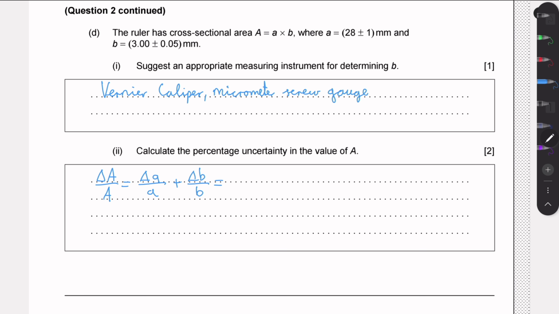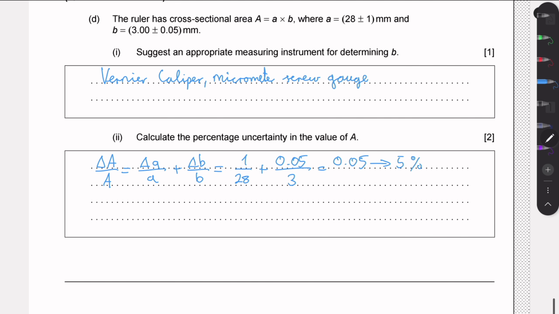This will simply be 1 divided by 28 plus 0.05 divided by 3. If we do this, we get 0.05, and therefore the percentage uncertainty is 5%.